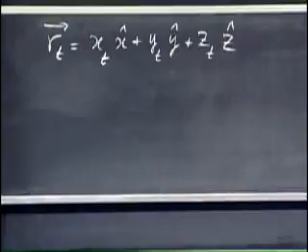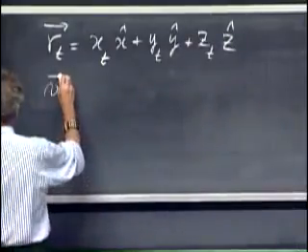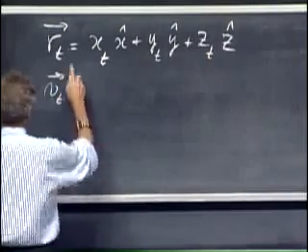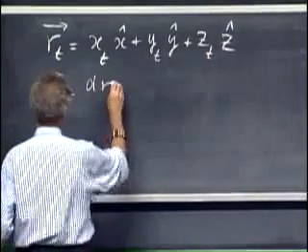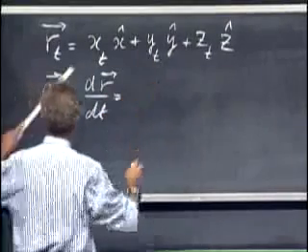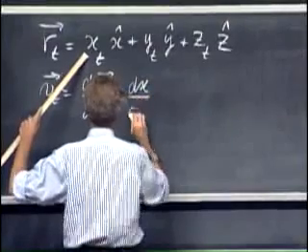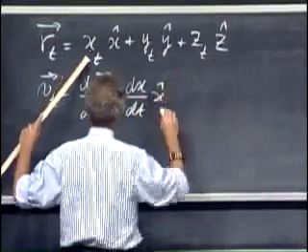What is the velocity of this particle? Well, the velocity is the first derivative of the position. So that is dr/dt. First the derivative of this one, which is dx/dt times x roof.